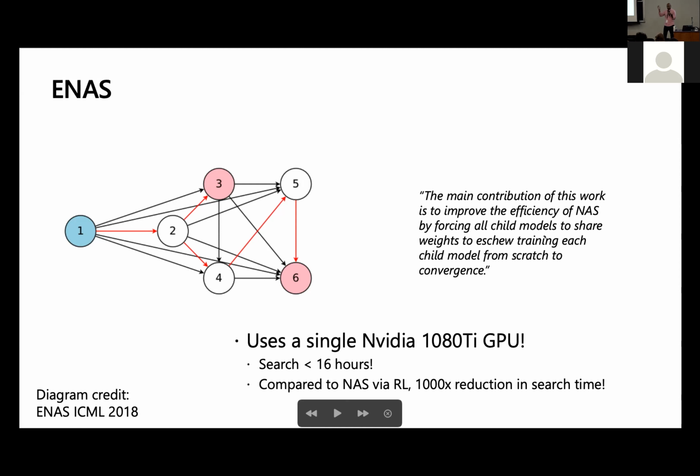It is large and memory hungry, but if I can just deal with this one large graph and optimize it, then I'm good, because the vast cost in neural architecture search is the cost of doing forward prop and back prop over all the potentially trillions or hundreds of trillions of architectures in your search space. So you can see that if I just follow the arrows which are in red, that's one particular architecture in your search space.